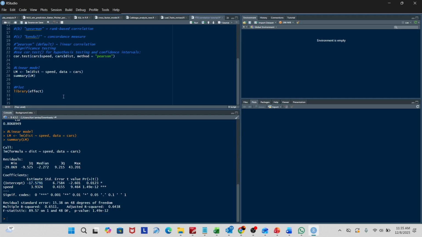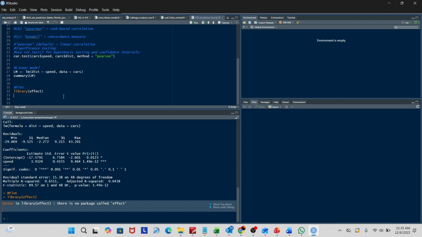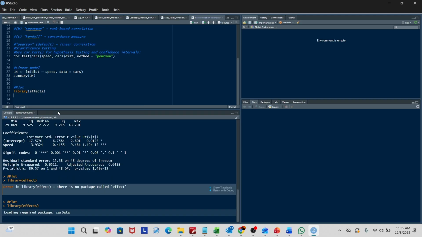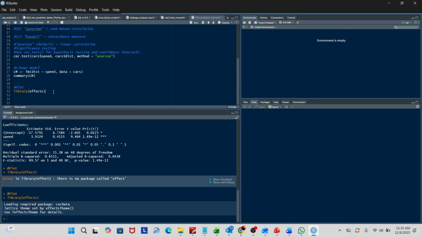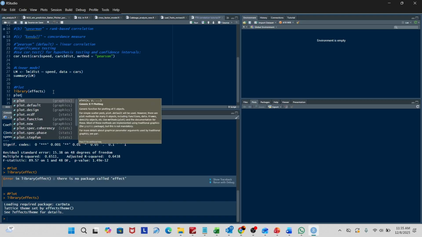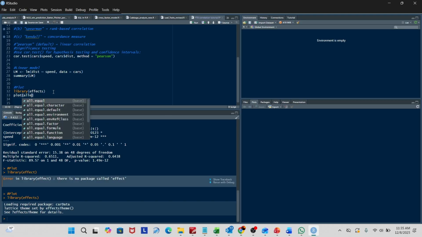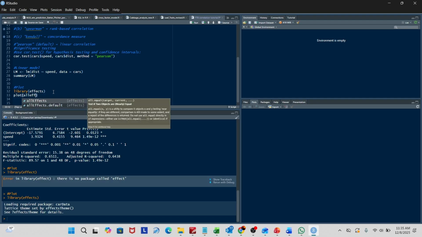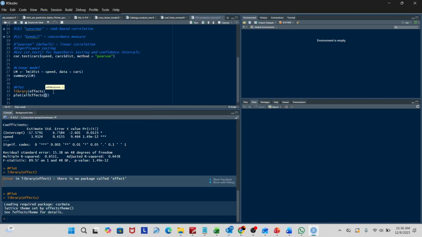Okay, so we will use library effects. Yes, library(effects). And then after this we can plot. So it will be plot of effects, and then we can put our linear model, which is stored in the variable lm.